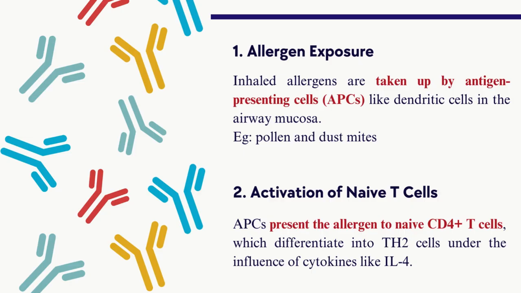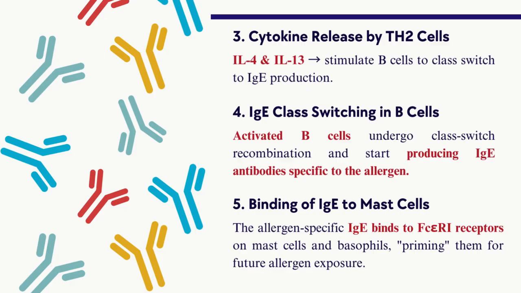APCs present the allergen to naive CD4 T cells, which differentiate into Th2 cells under the influence of cytokines like interleukin 4. Next is cytokine release. Th2 cells then secrete specific cytokines, mainly interleukin 4 and interleukin 13.